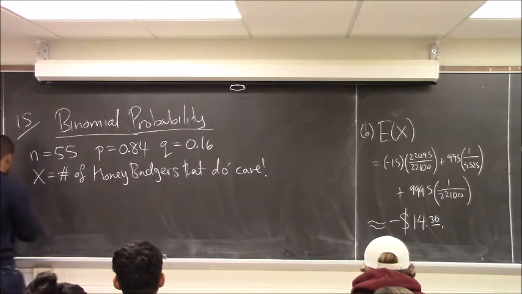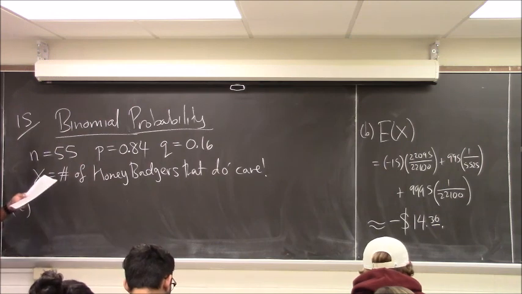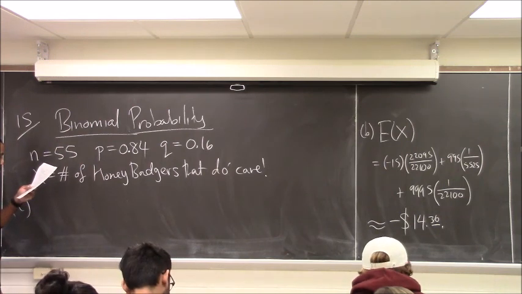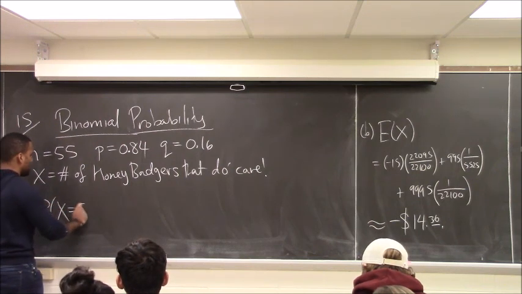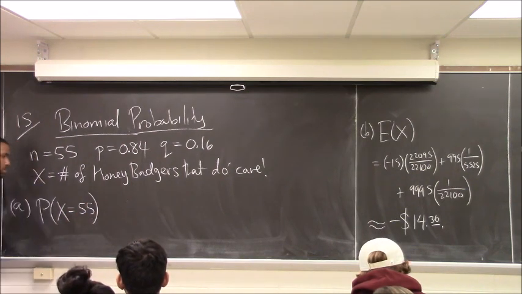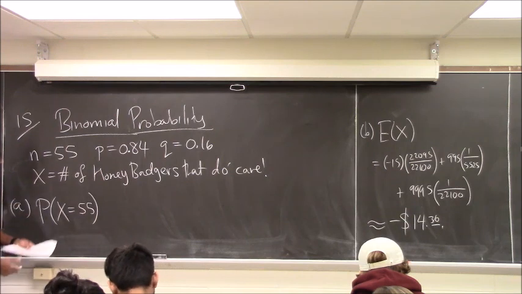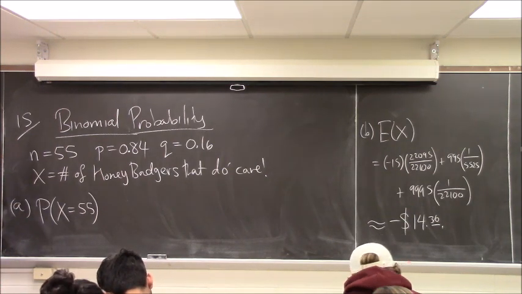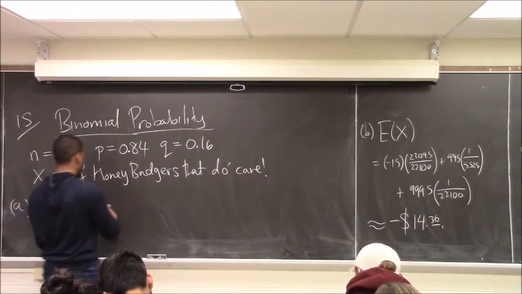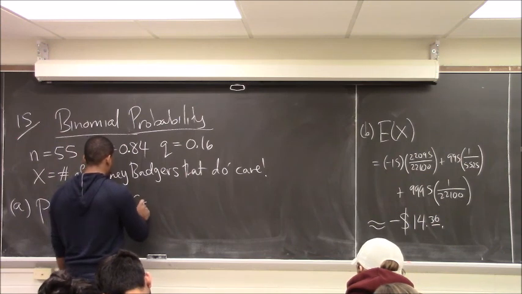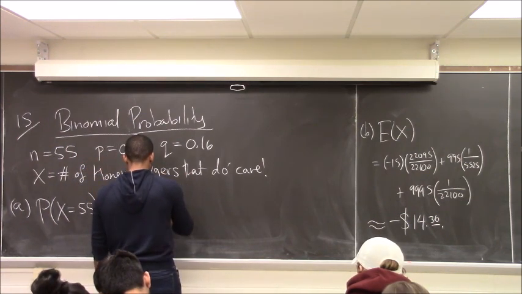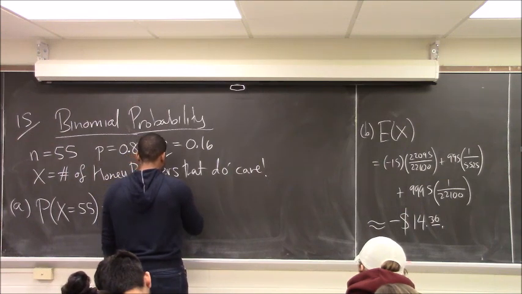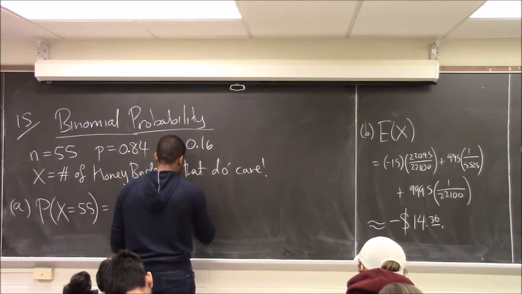So what was A asking for? The probability that all of them do not care. What is the probability that X equals 55? 55 choose 55, which is 1, times 0.84 to the 55th power, times 0.16 to the 0th power, which is also 1.